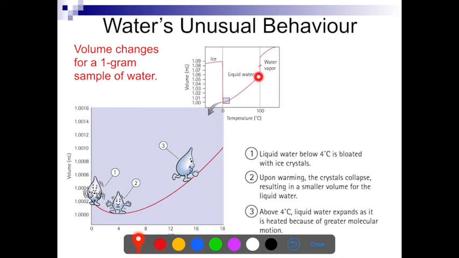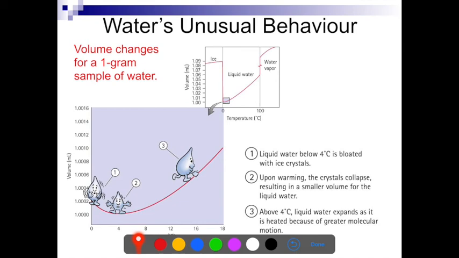So as the temperature of the water decreases, as expected, the volume of water decreases as well because the molecules move slower. But if we magnify this region of the graph here near the freezing point of water, which is 0 degrees Celsius, we can see that the volume of water decreases only up to a certain temperature, and that specific temperature is 4 degrees Celsius.